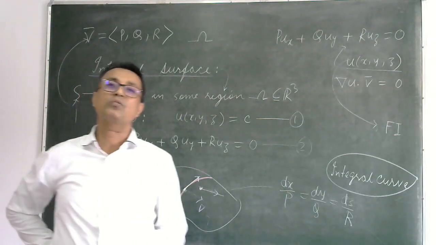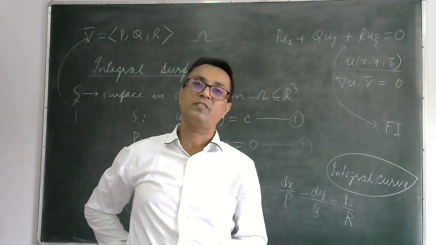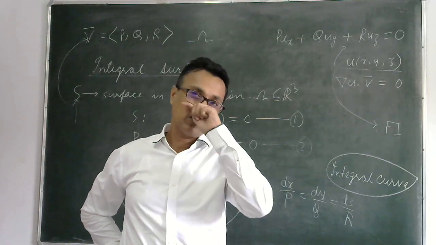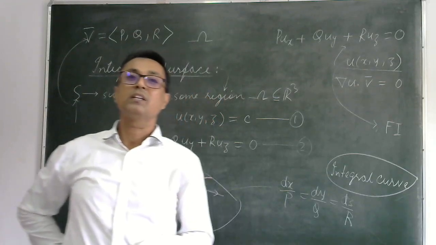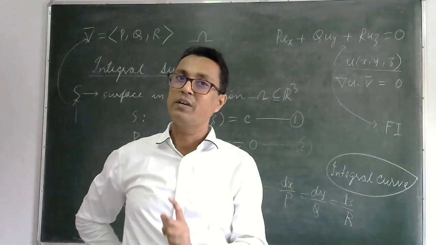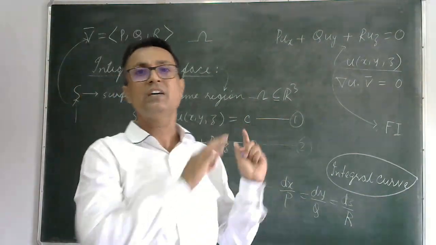Like you are going to have two surfaces. Those two surfaces coming from those two first integrals, if they are functionally independent, then definitely we will be able to get an integral curve out of those first integrals. Okay, this is just some revision I want to do before I move ahead.